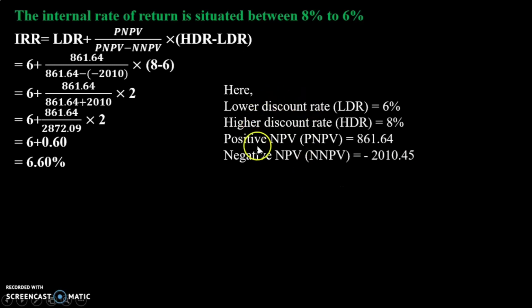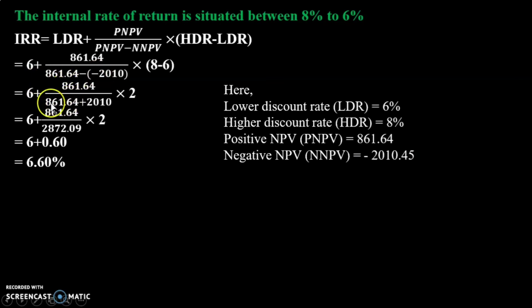Dear students, putting the values in the formula: LDR 6 plus PNPV means positive NPV 861.64 divided by PNPV 861.64 minus NNPV minus 2010.45, into 2.